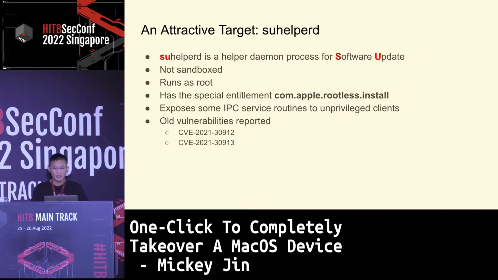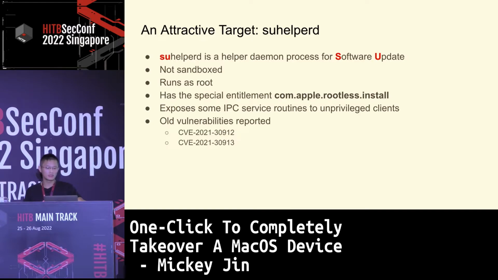It is a helper process for software update. It has many attractive advantages. First, it is not sandboxed. This means we don't have to take the sandbox restrictions into consideration after we compromise this daemon service. Second, it is running as root. It means that we can get the root privilege as expected once it is compromised.